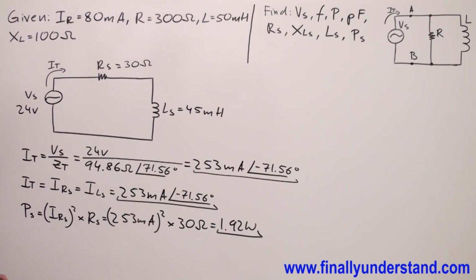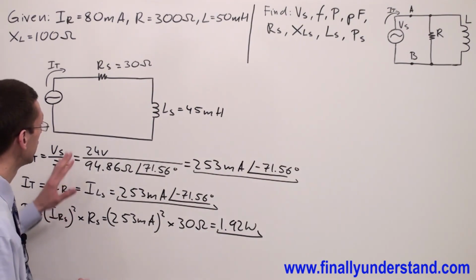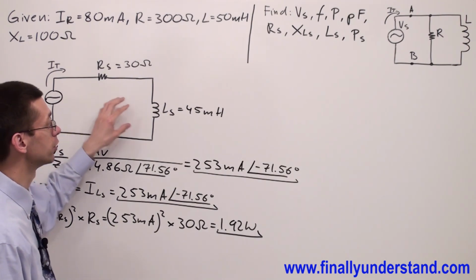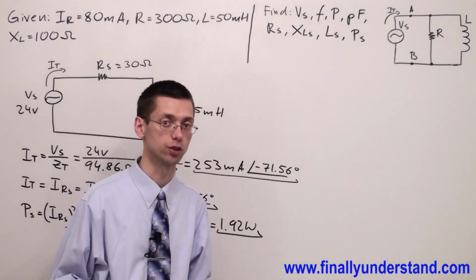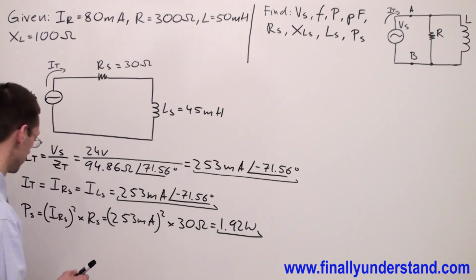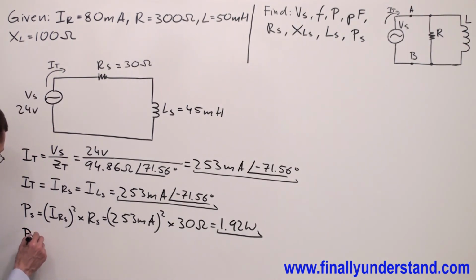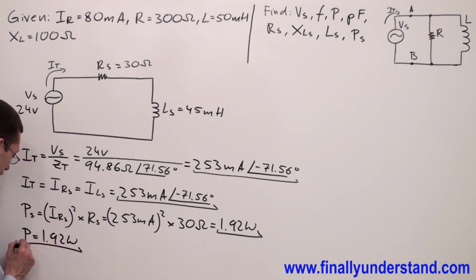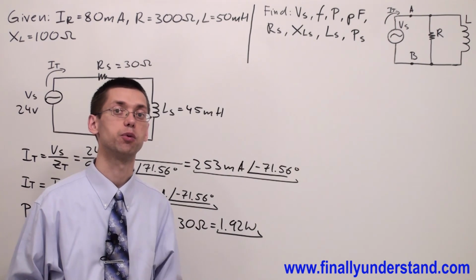If you compare the true power in the series circuit and the true power in the parallel circuit, you will see that both of them are identical. This is the value which we got before for the parallel circuit. So if they are identical, it means that we solved the problem correctly.